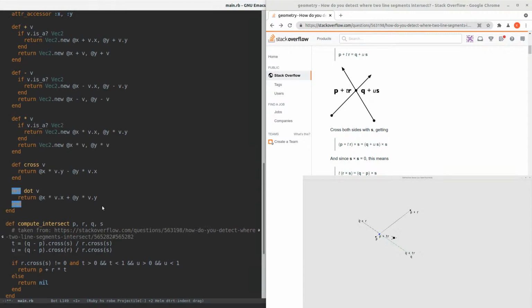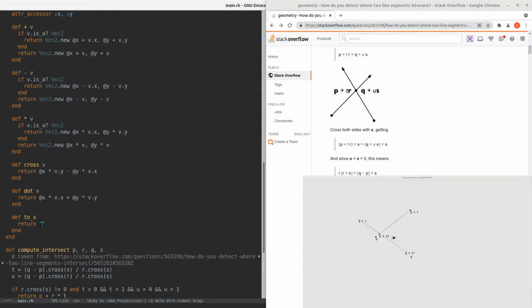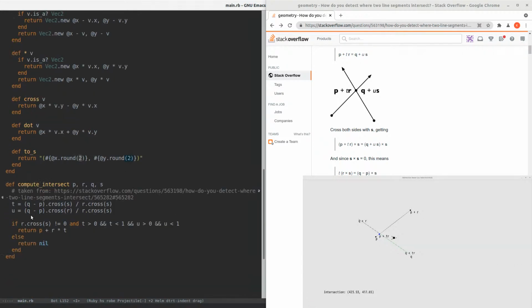So we can do a to_s. So this will return this as a string. So we'll do at x, at y. And now we have our intersection point. And actually, I want this to be a little bit easier to read. I seem to be returning only one thing. So P is a vector, right?